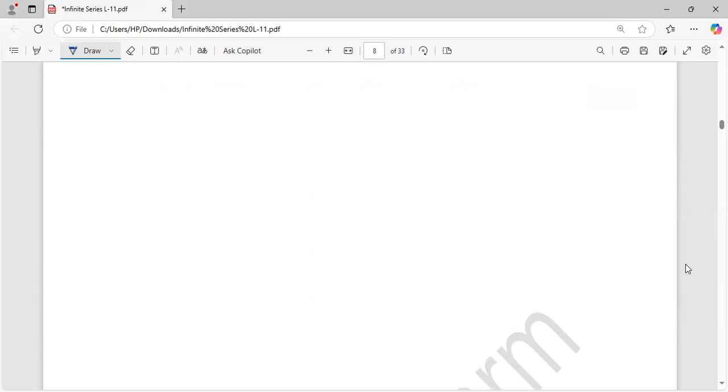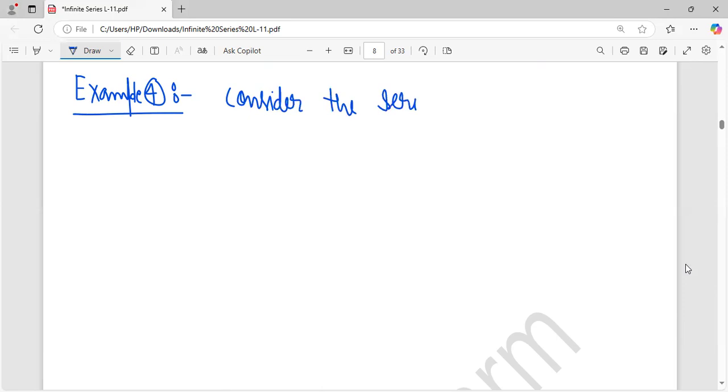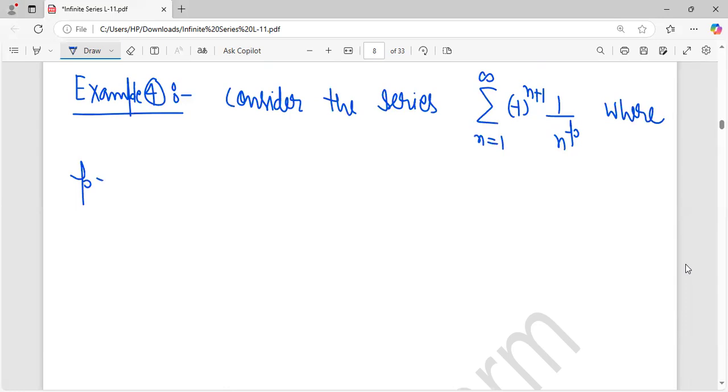Now example 4. Consider the series summation n goes to 1 to infinity, minus 1 to the power n plus 1, 1 upon n to the power p, where p is greater than 0.